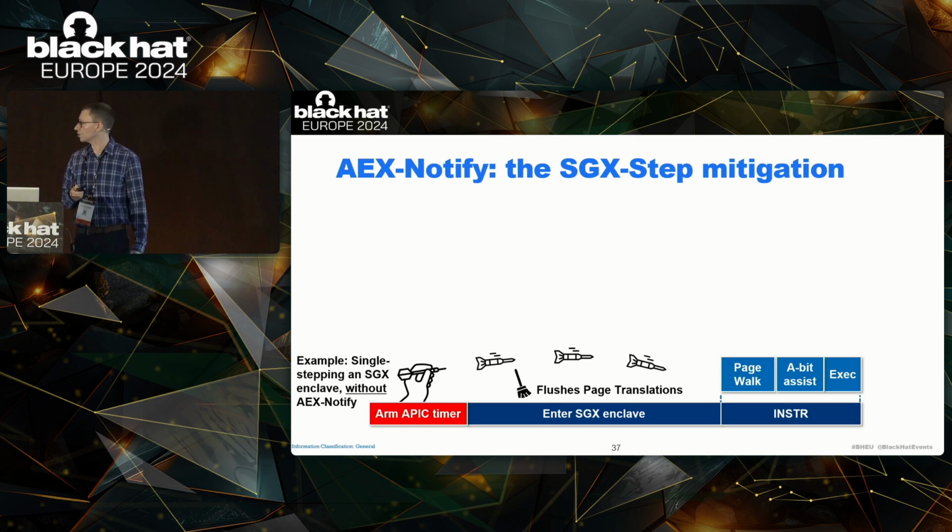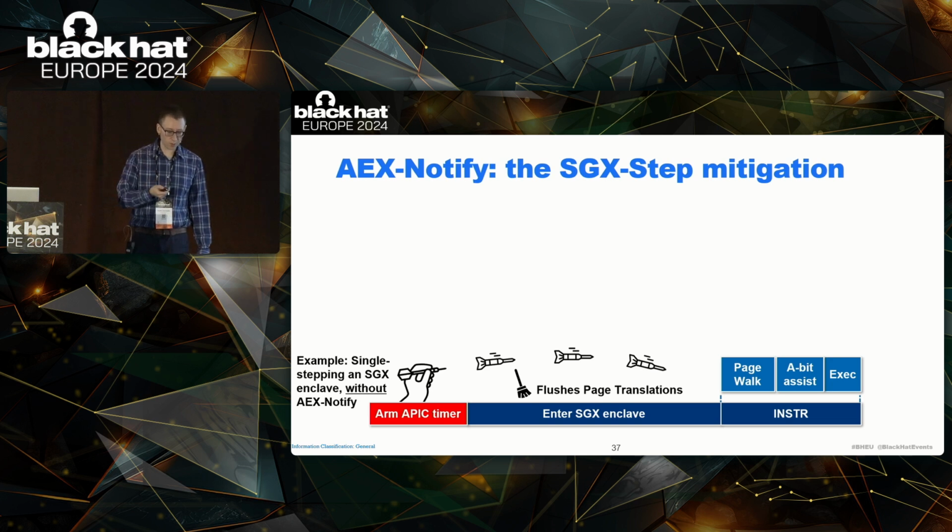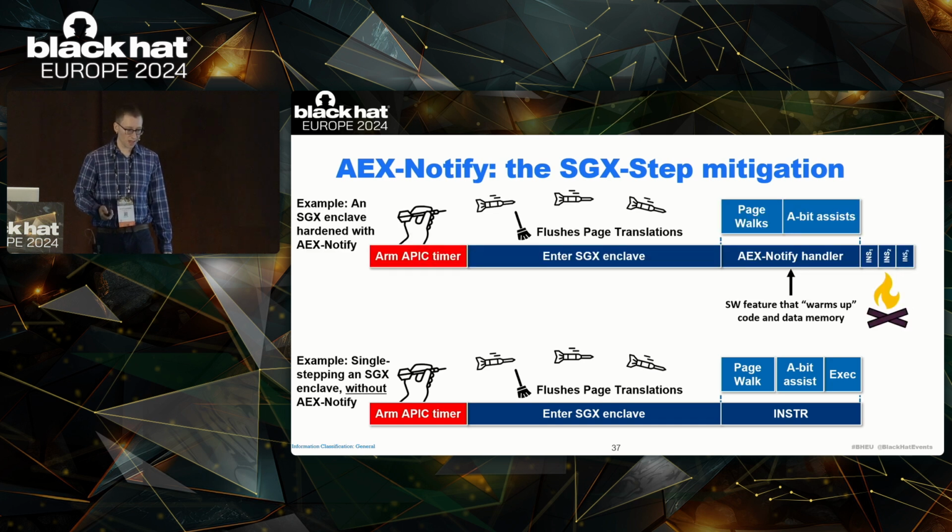Remember, single stepping in an SGX enclave is facilitated by the page walk and the A-bit assist, which makes each instruction take a while after entering an enclave. So what AEX Notify does is slightly tweak the behavior when entering an enclave. You don't resume at the previous instruction where execution had stopped.